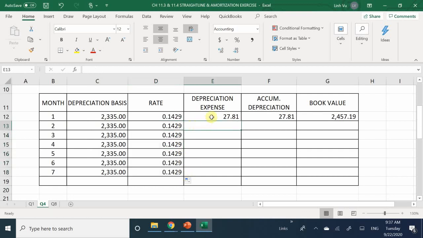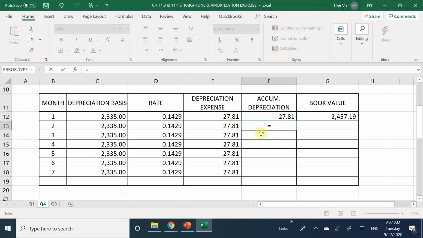And then my depreciation expense should look the same every month. This is on a month-to-month basis. Okay? And then my accumulated depreciation is going to be, oh, I forgot there's no formula. 5562 plus this. Good.